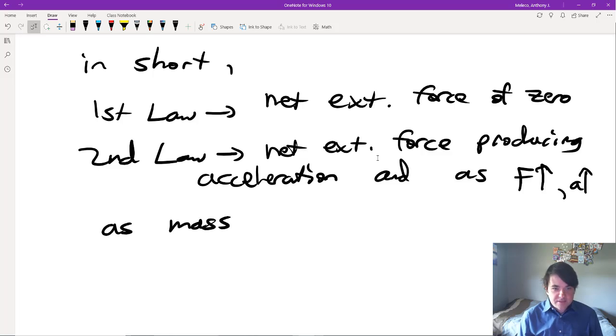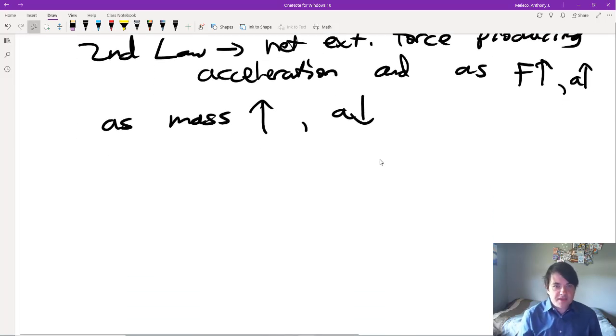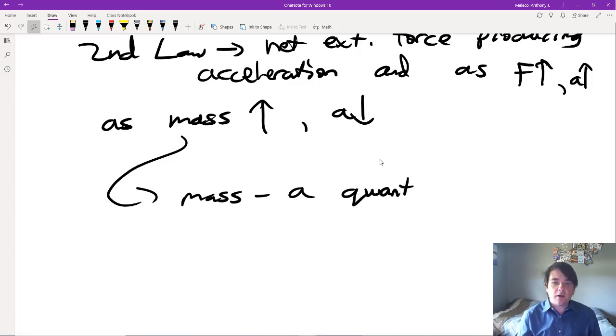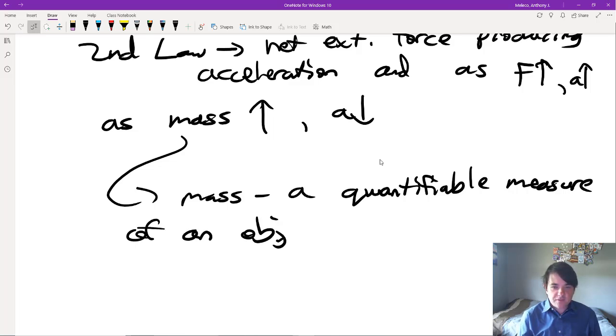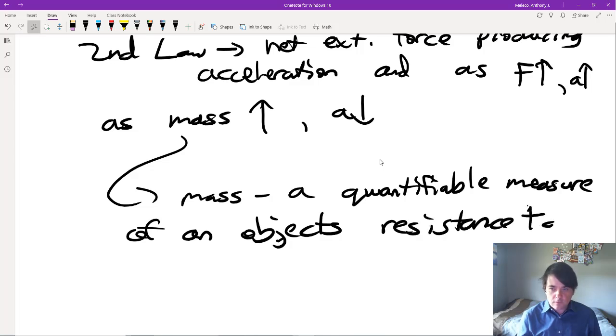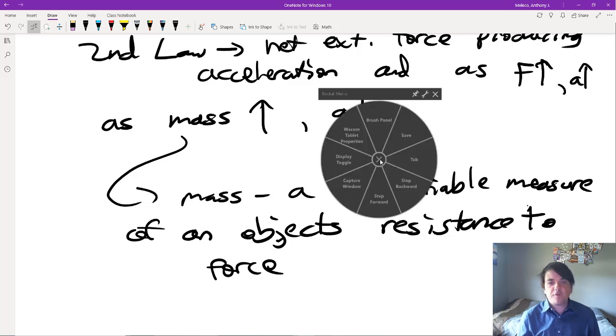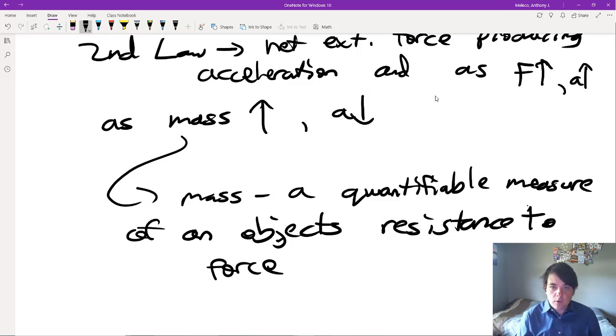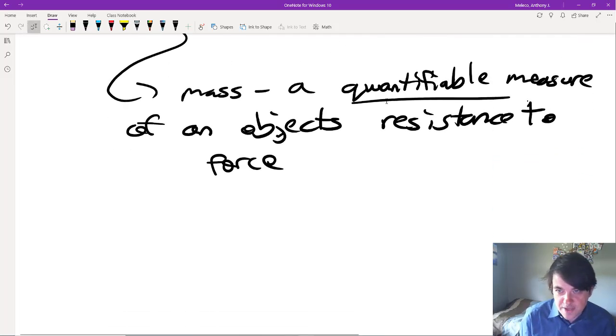As mass increases, A decreases. And that's because mass is a quantifiable measure of an object's resistance to force. So if an object has more mass, it's more resistant to force than an object that doesn't have mass.